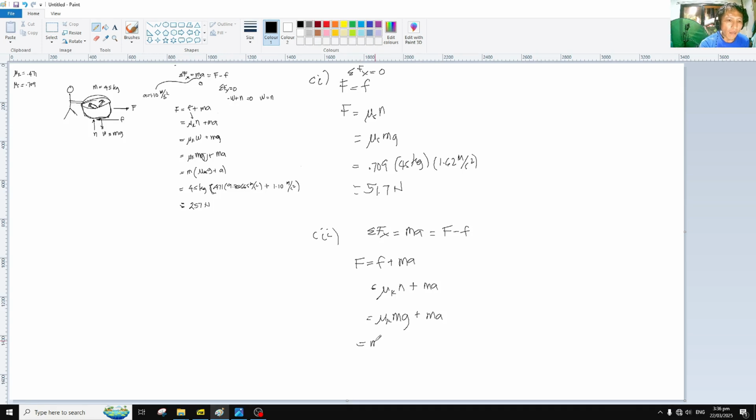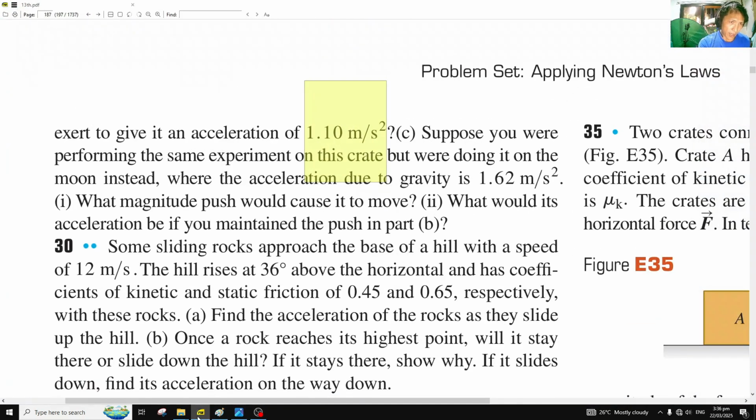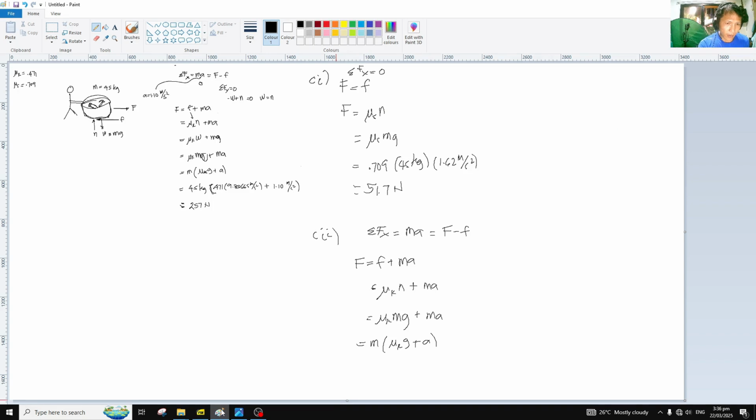So we could just go back up to mg, and then you have ma. You have the same mass, so you can have mu k times g plus your acceleration 1.10. This one is 1.62. Of course, this is the A, this is now the G. So you still have the same 45 kilograms, then mu k, which is 0.471.